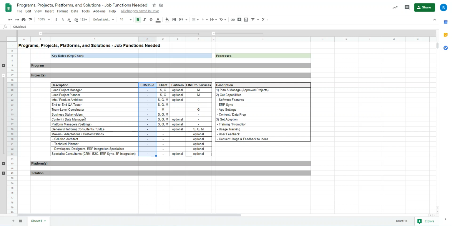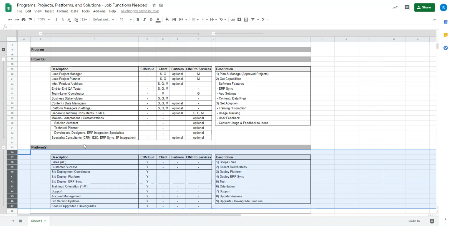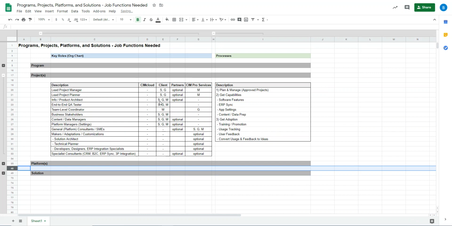But as far as the makeup of the overall project team, we have a platform team that's going to be involved, that's basically deploying the standard platform. But the implementation of that whole platform and moving in and getting it customized and getting users adopting, that's all services or project-related services that are going to go on between the client and potential partners, with our pro services division potentially being a partner, but that is a completely separate group than our software side. That's the platform.